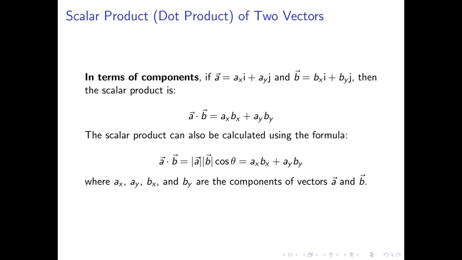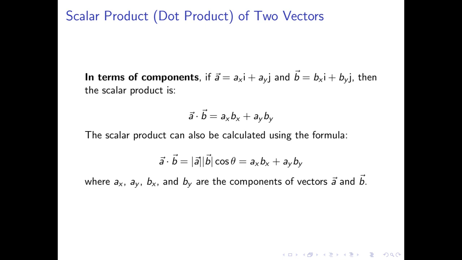I want to show you something more in terms of components. Suppose we have this vector A. In terms of components, A can be expressed as A1I plus A2J plus A3K if it is 3-dimension. If it's 2-dimension, it's A1I plus A2J. It's the same thing as saying AXI plus AYJ. Also for vector B, you can represent it as components B1I plus B2J, or BXI plus BYJ.